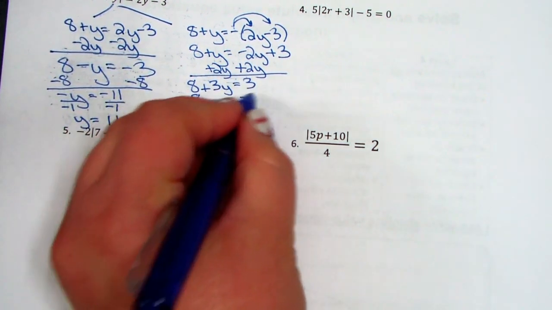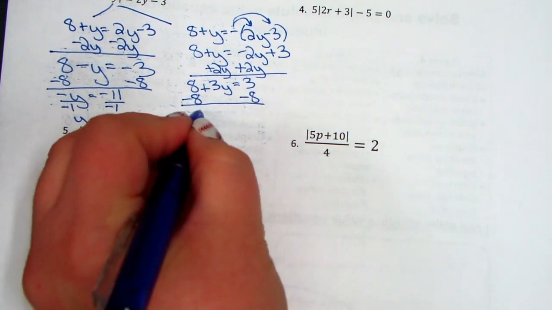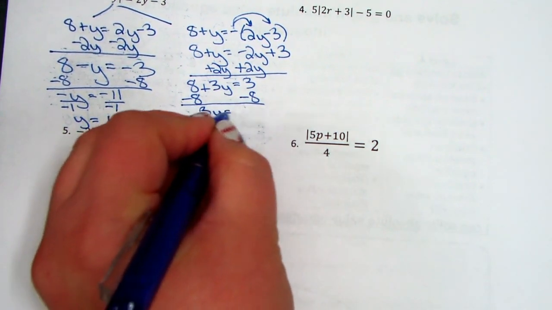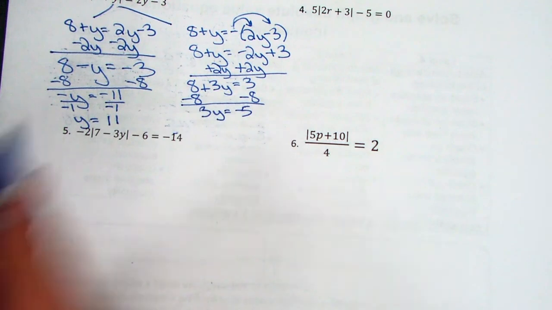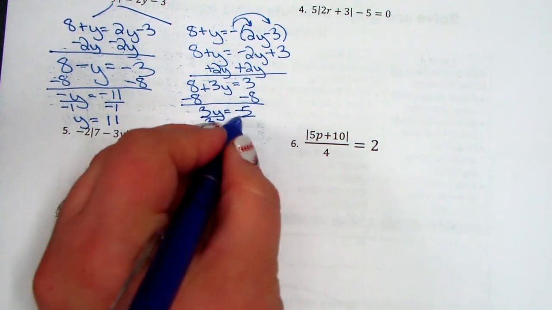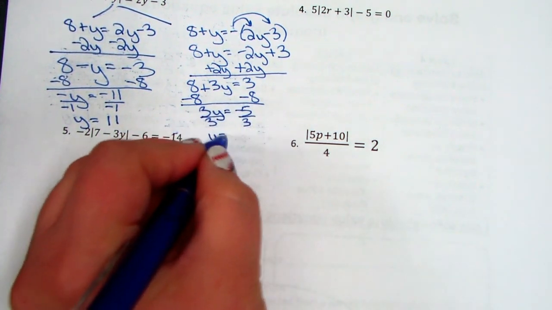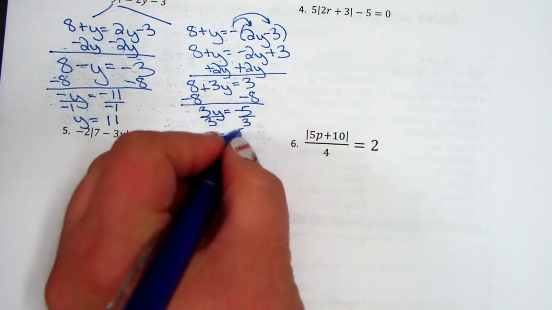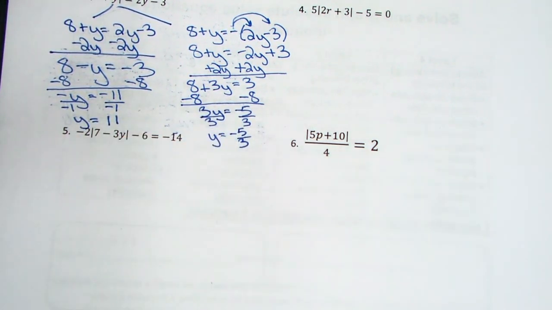Subtract 8 from both sides, and 3y will equal negative 5. Divide by 3 on both sides, and we get a possible solution of y equals negative 5/3.